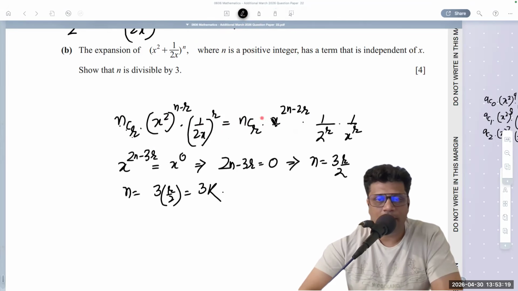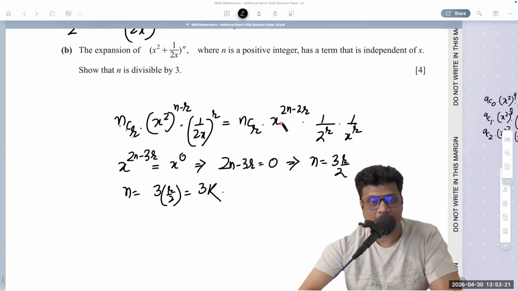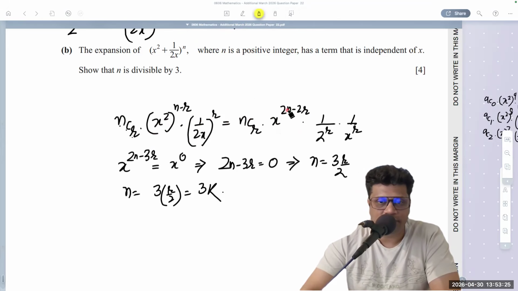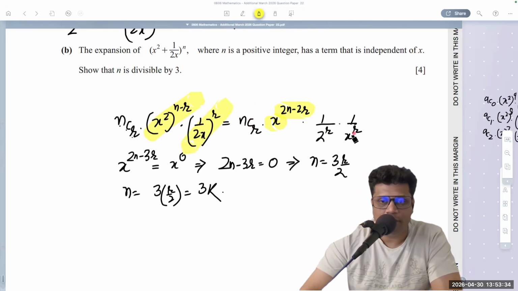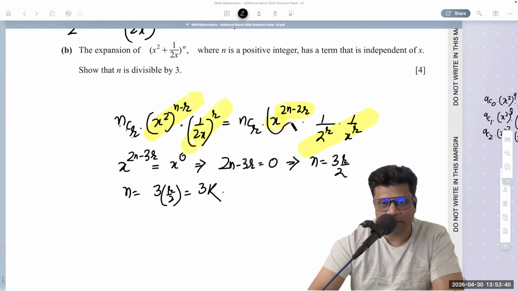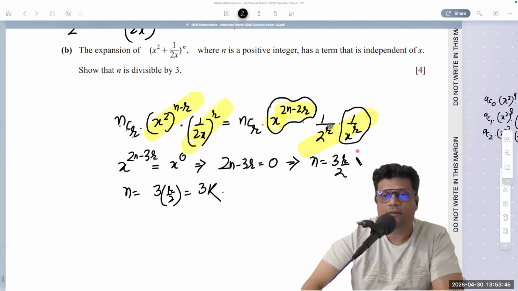So I try to isolate the x terms. Open up this bracket, this is what you get on this one. And if you expand the brackets for this one, this is what you get. Now, there's an x to the power of 2n minus 2r, and there is an x to the power of r.